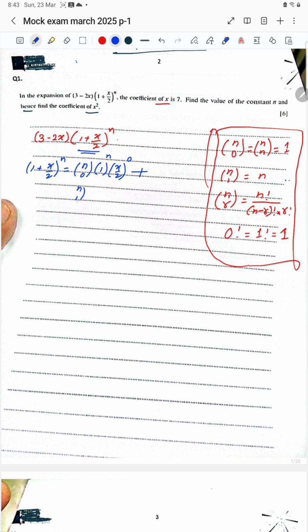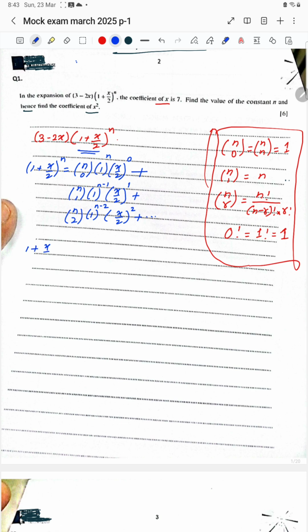Plus nC1, 1 power n minus 1, x by 2 power 1, plus nC2, 1 power n minus 2 and x by 2 power 2, and so on. As the whole question is restricted till the coefficient of x square, we can ignore the rest of the terms. So now simplify this.